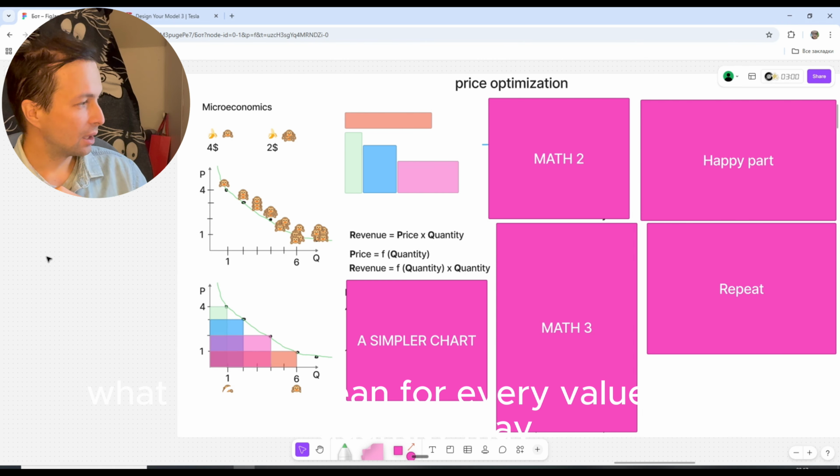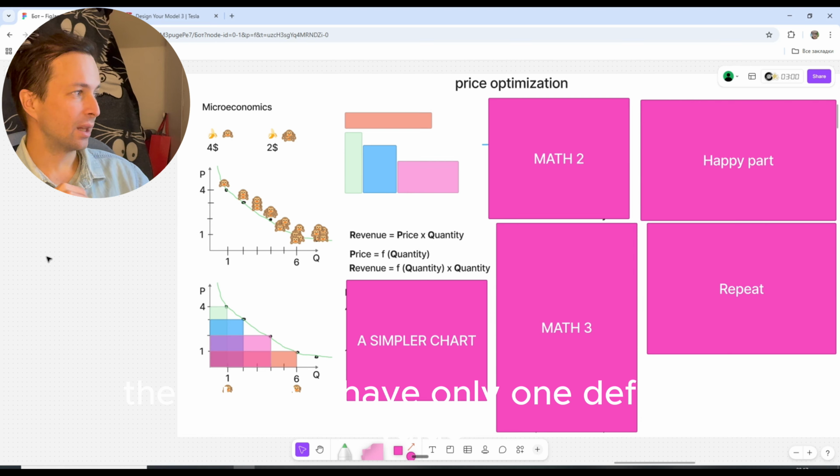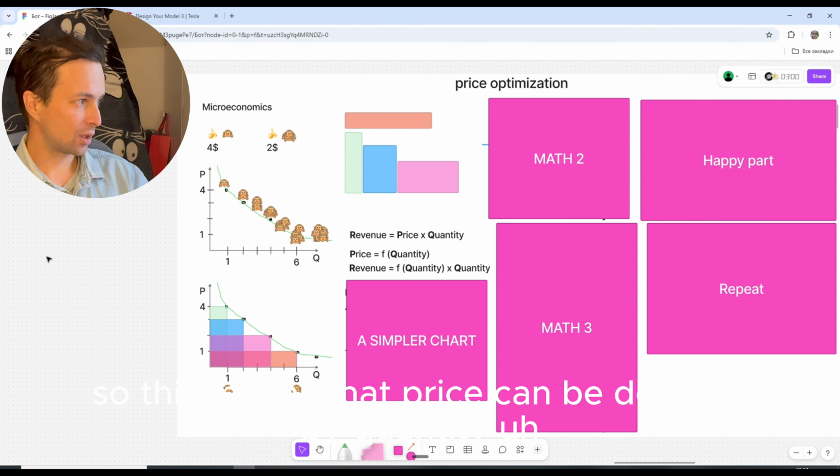What does it mean? For every value which quantity may have, the price will have only one defined value. So this means that price can be defined by quantity.